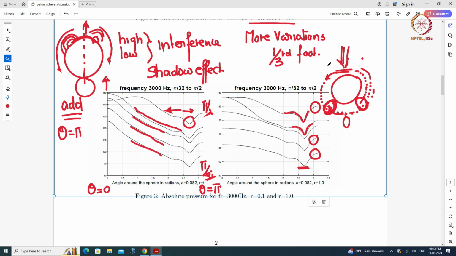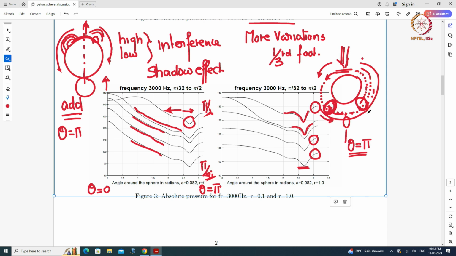That means the waves coming from this side are interfering destructively with the waves that are coming from this side and meeting them here. And because theta equal to pi is a bright spot, a symmetry point where they add, as the wavelength goes down, that cancellation point will come closer and closer to the back end.